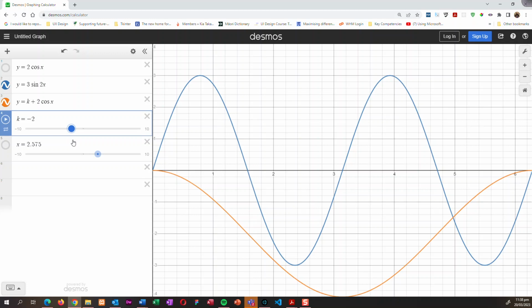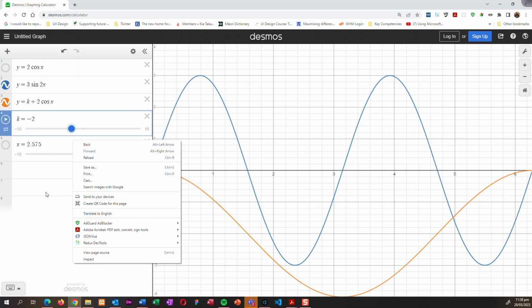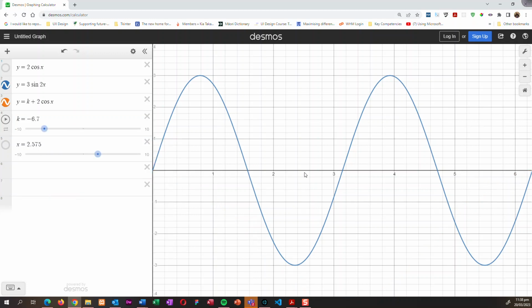I suppose if we ignore the fact that x has to be between 0 and 2 pi, but if we include that, we'd have to find this point of intersection here and do exactly the same thing as before.